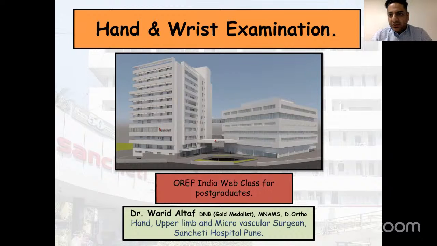That may be any tumor, any sort of nerve injury or deformity. And I hope after this lecture I'll be able to make things easier and clearer to all the residents who are watching us here.